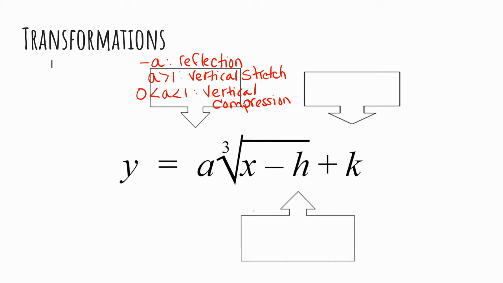My h, if I have an x minus h, that means we are going to the right. If I have an x plus h, that means we are going to the left. Plus k means we are going up. Minus k means we are going down.